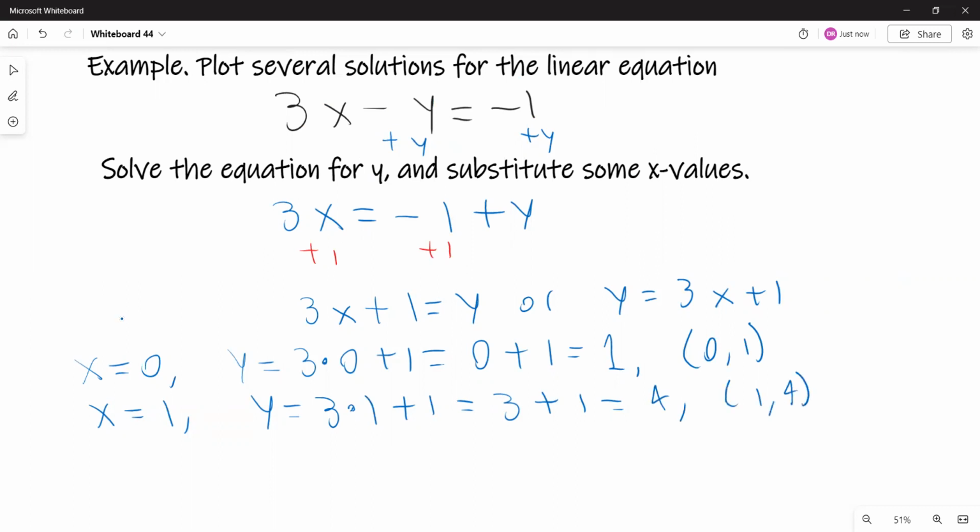And I'll do 2 more. If x is 2, y is 3 times 2 plus 1. 3 times 2 is 6. Plus 1 is 7. And that's 2, 7.